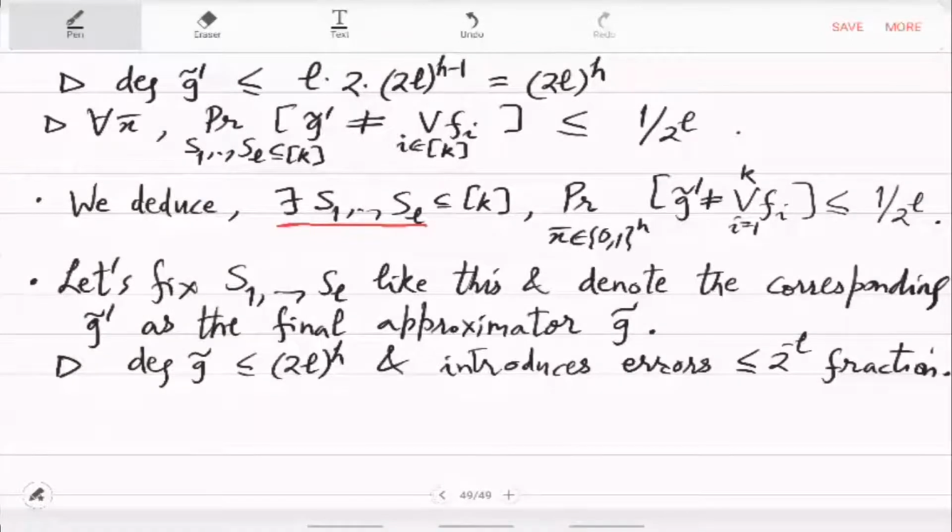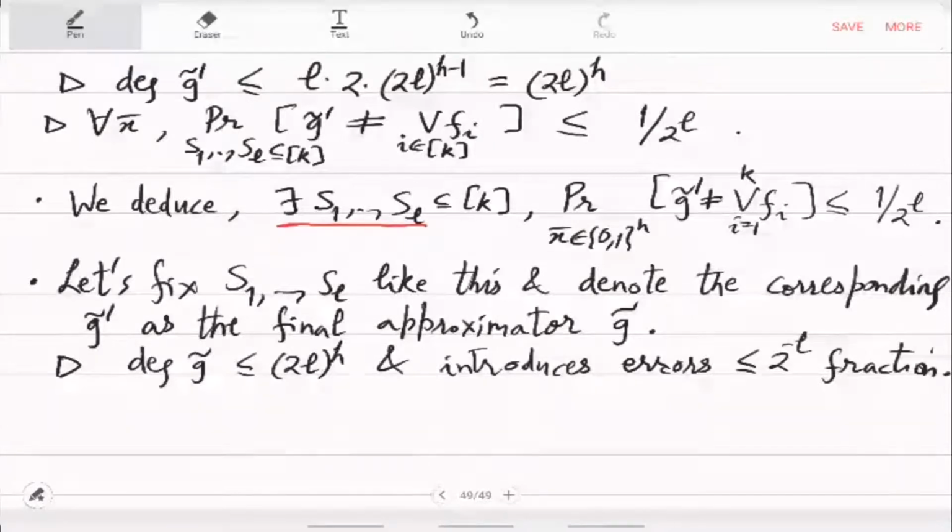So these many erroneous x's have been added during this design. Okay, so that completes the description of the OR approximator.